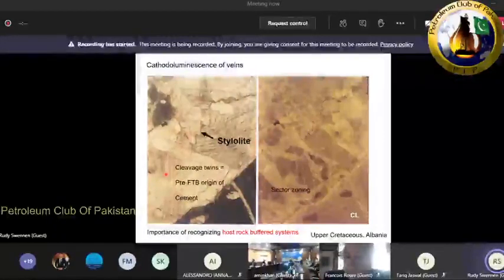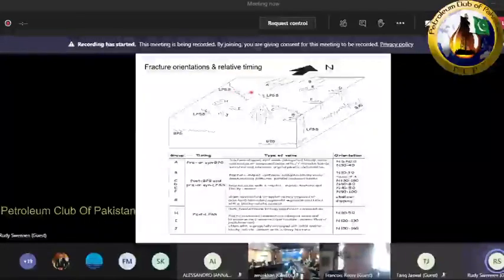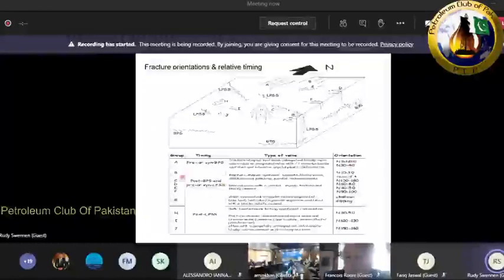So this is certainly a vein which formed before the layer parallel shortening stylolites developed. And this allows us to work out a kind of story which is pre to syn bed parallel stylolites with different orientations, post bed parallel stylolites but before the tectonic stylolites, and then what is happening post tectonic stylolites.